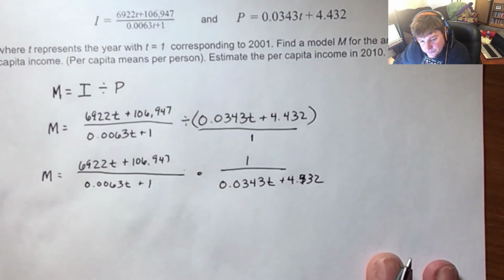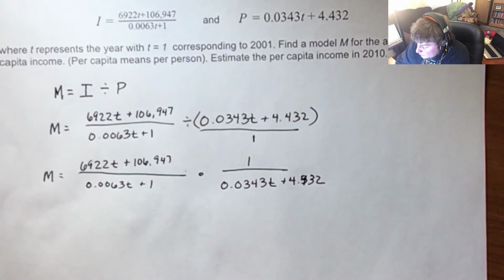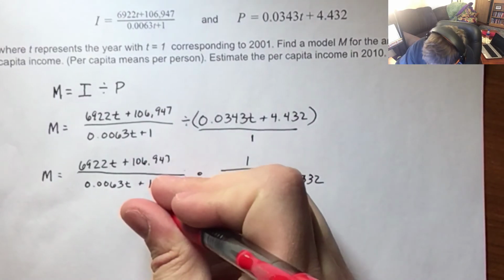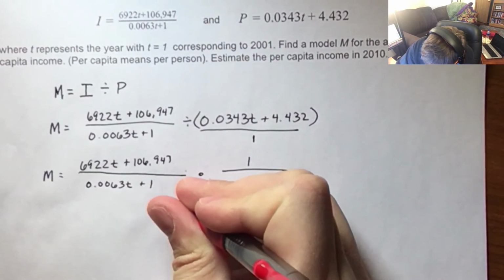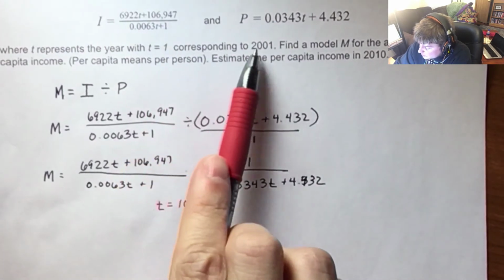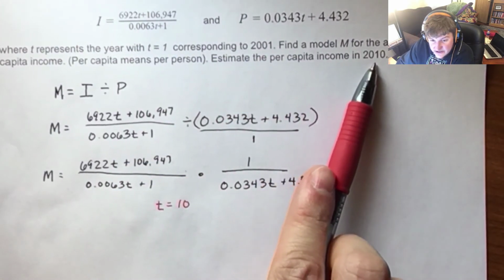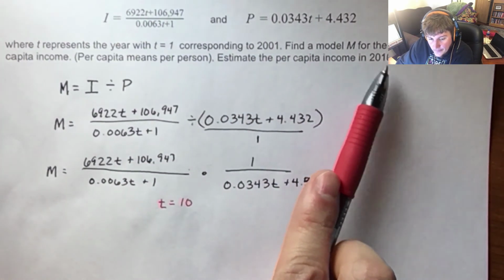Okay, so here's our model, and we want to know when T is equal to 10, because if T equals 1 is 2001, T equals 10 is going to be 2010.